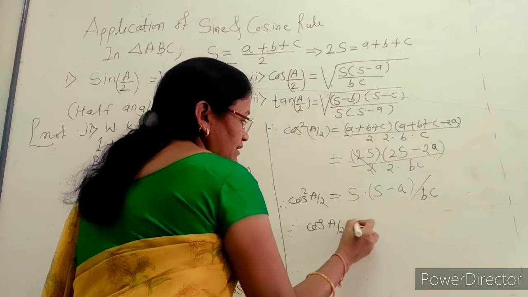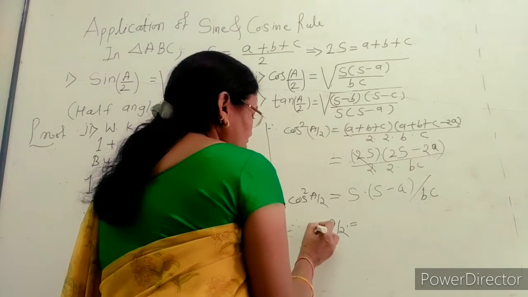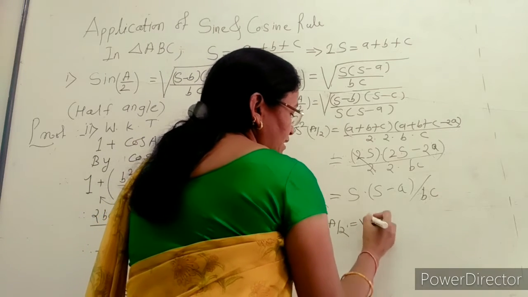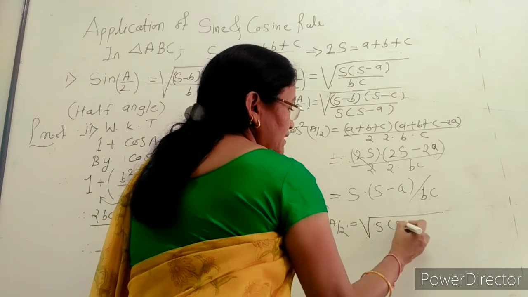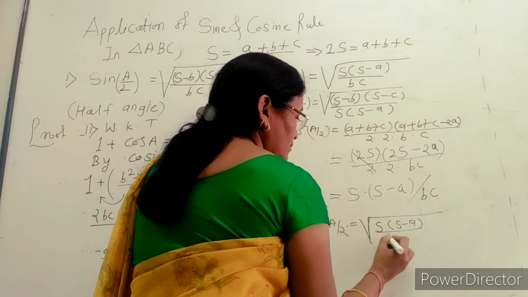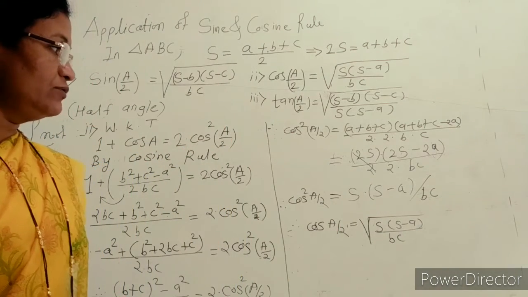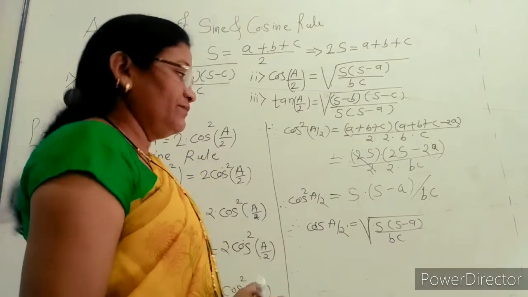A by 2, because for the triangle property we take the cosine function, which is an even function, so for cos of A by 2 we take the positive value, and its value is positive root of s into s minus a upon bc. So this is the value of cosine A by 2, equal to under root of s into s minus a upon bc.